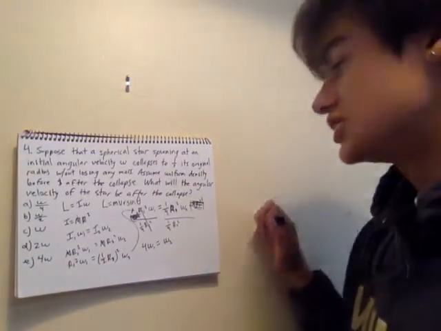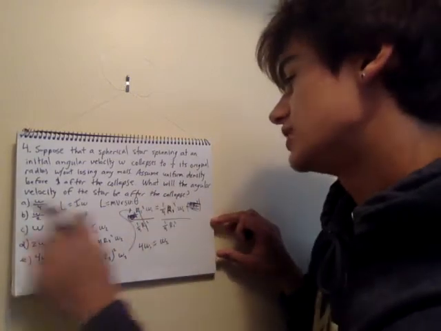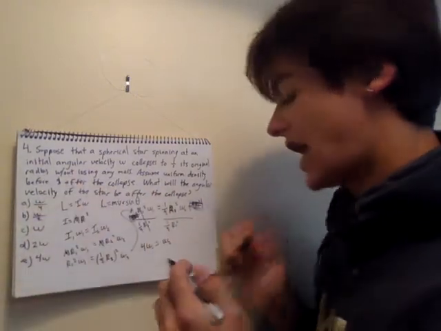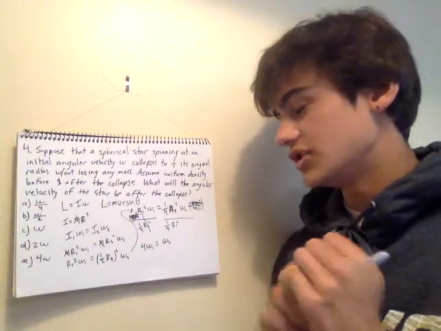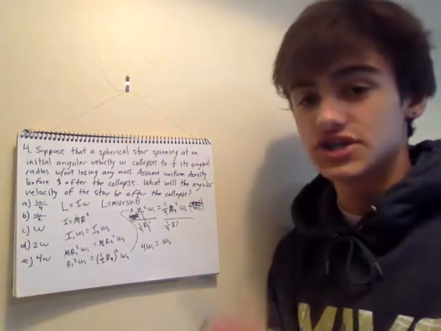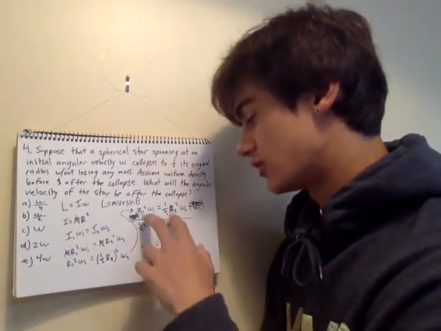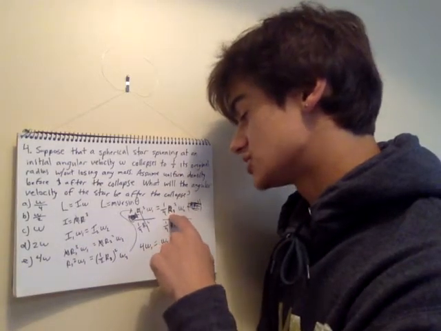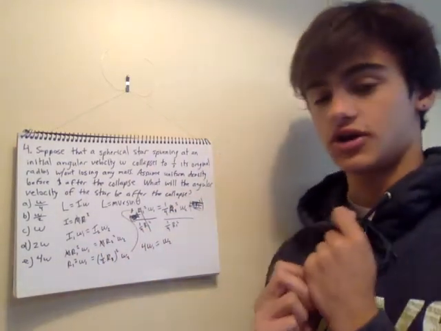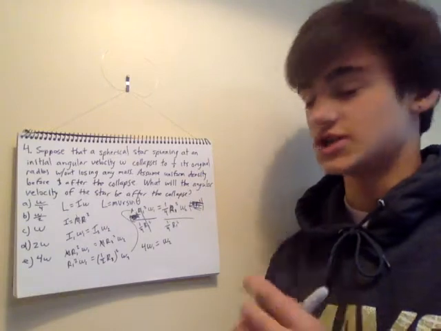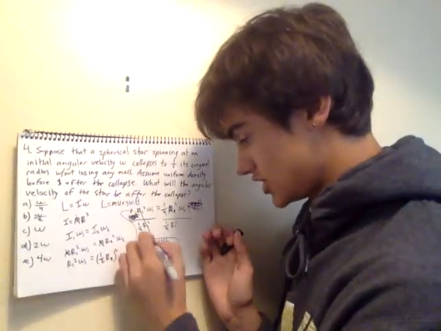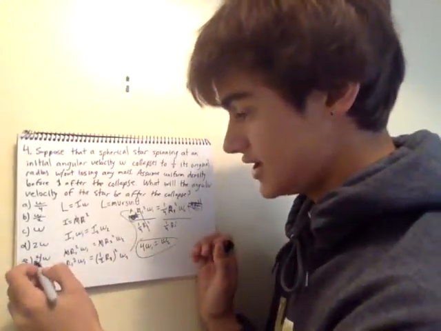So this is basically our answer. What will the angular velocity of the star be after its collapse? It's going to be 4 times its initial angular velocity, because that makes up for the coefficient of r squared being 1/4 of what it originally was. So here's our answer. That matches up with E.